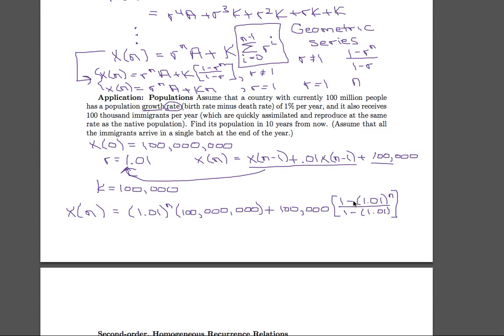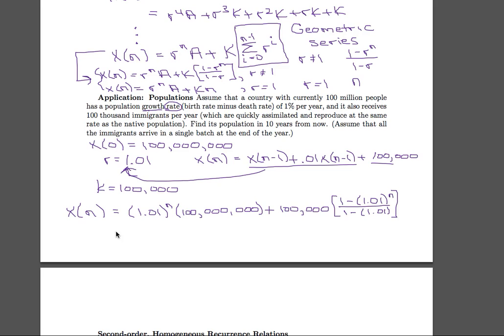Notice that the numerator and the denominator are both negative, so this will net out to positive, which is good because we want our population only to increase, right? It's got a positive growth rate, and then we're also getting some immigration, so altogether our population should increase in both directions. So that's a good little reality check for you.